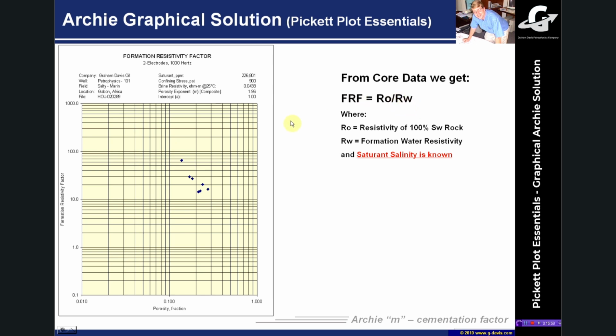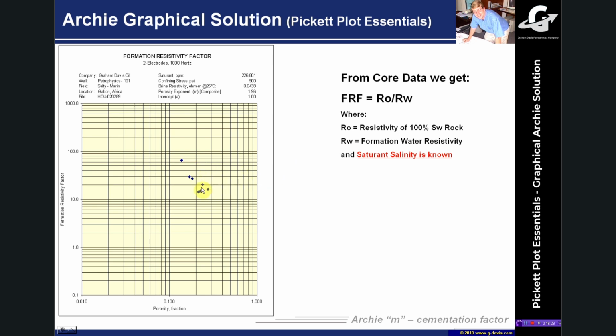And the important thing on core measurements is that we know what the saturant salinity is, because we made it in a beaker and we put it into the rock, so we know what the salinity of the water is, so that point becomes fixed. We know what that is, and so the ratio of the resistivity of that fluid to the saturated rock becomes this formation resistivity factor.